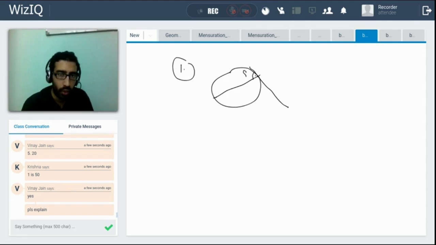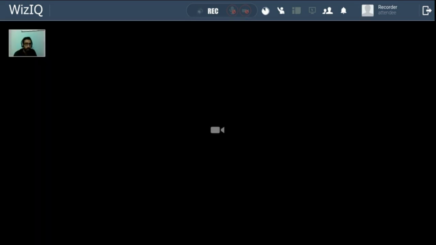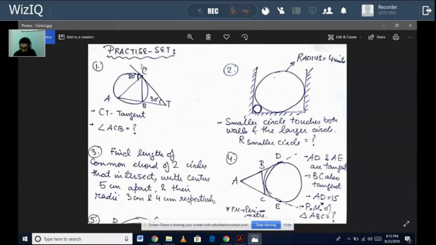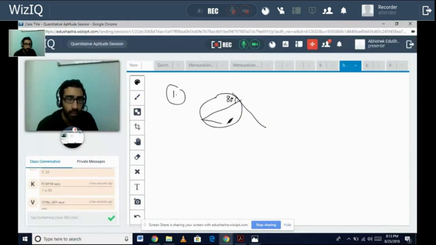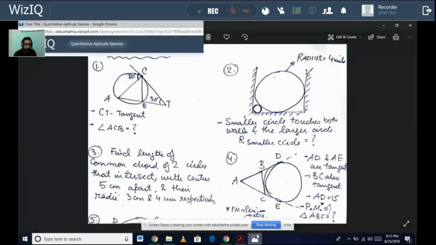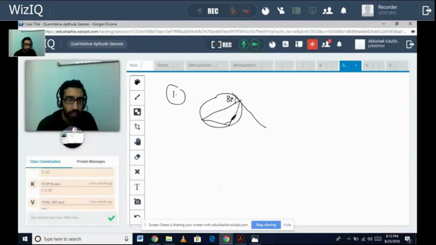The chord is making 80 degrees here with the tangent, which means that angle ABC will also be 80 degrees. Angle ABC is also going to be 80.